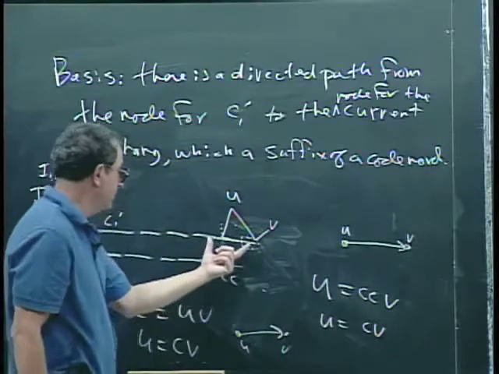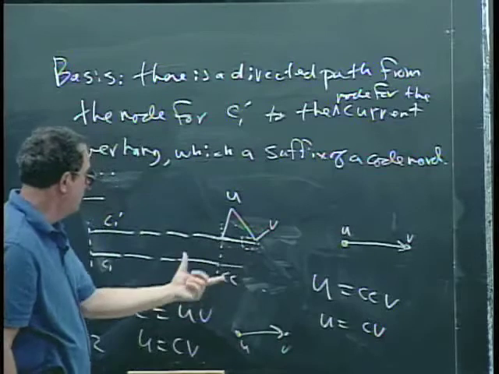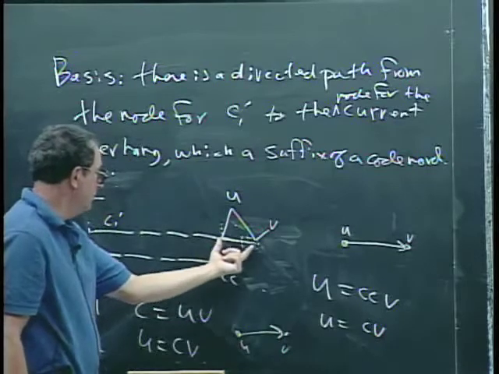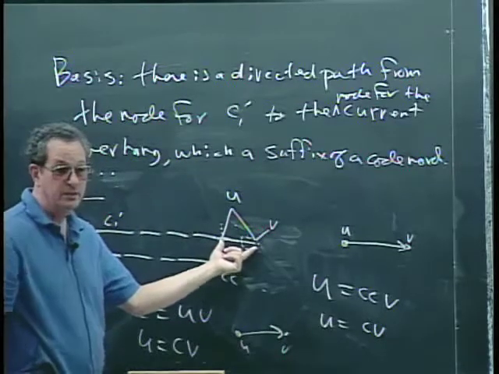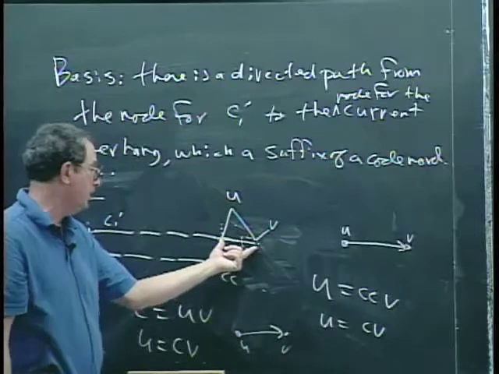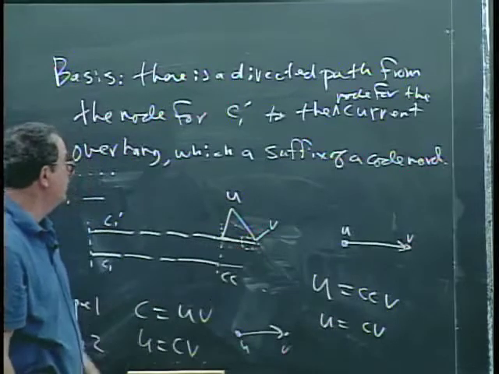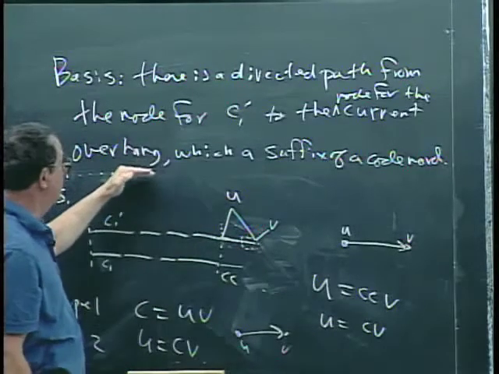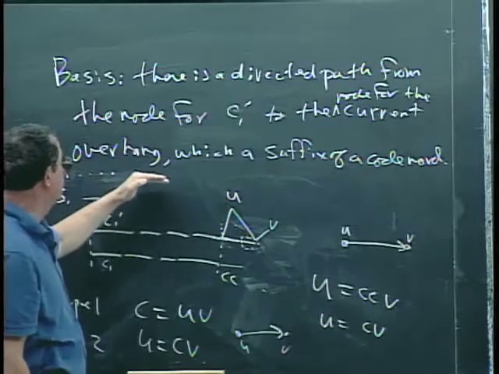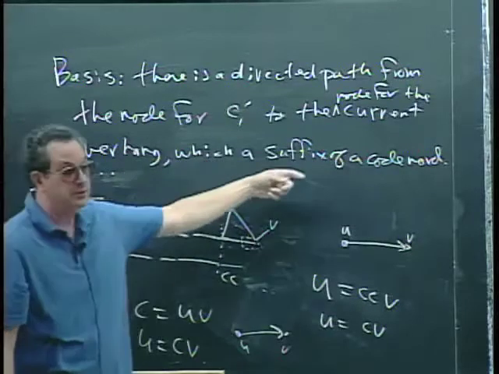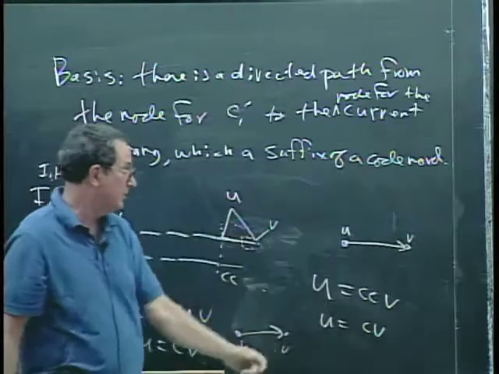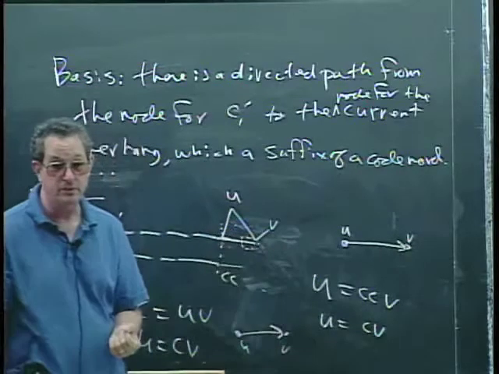Well, this is the overhang. U was the overhang just before we put in the new code word, and inductively we're carrying along this inductive hypothesis that the overhang is in fact a suffix of a code word. So U is a suffix of a code word.